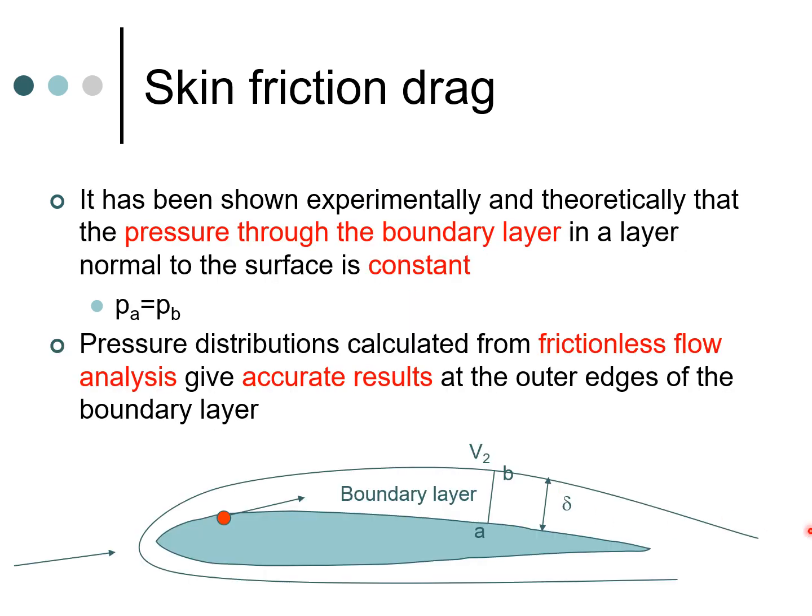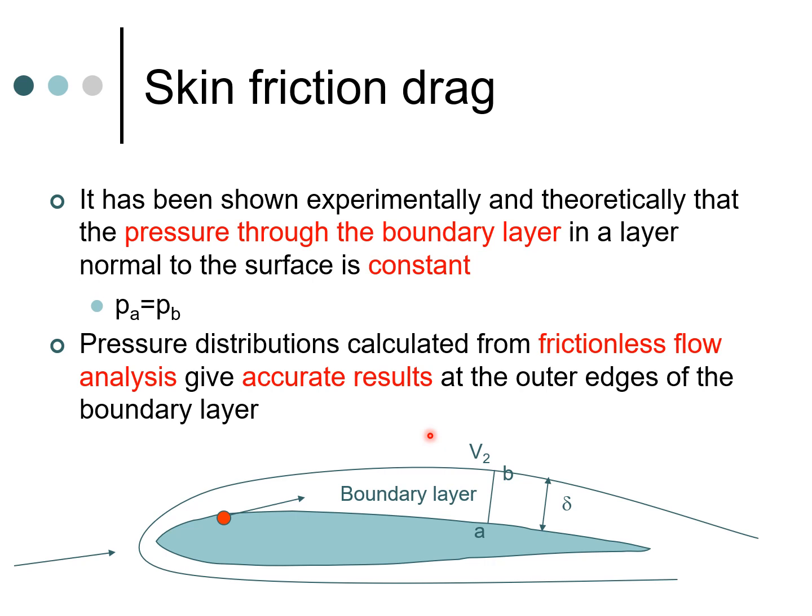So now this boundary layer concept has been proved experimentally and theoretically, and what has been shown is that the pressure throughout the boundary layer is essentially constant. So if we look at the point A and the point B, the pressure through the boundary layer is constant across this whole region. So this is something which is very interesting.